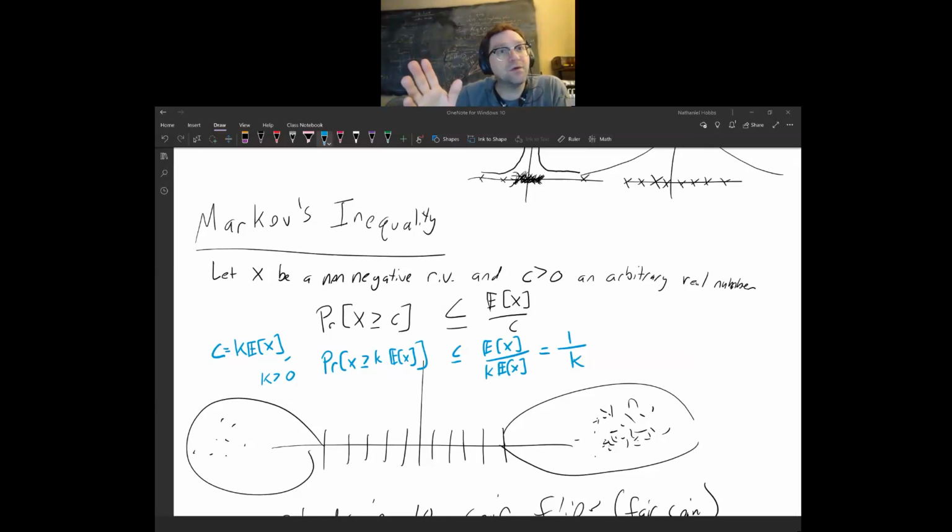Let's make k equal to 100. What's the probability that you're 100 times away from the expectation? Markov tells us that that is no more than 1%. What if it were more? What if it were 50%?